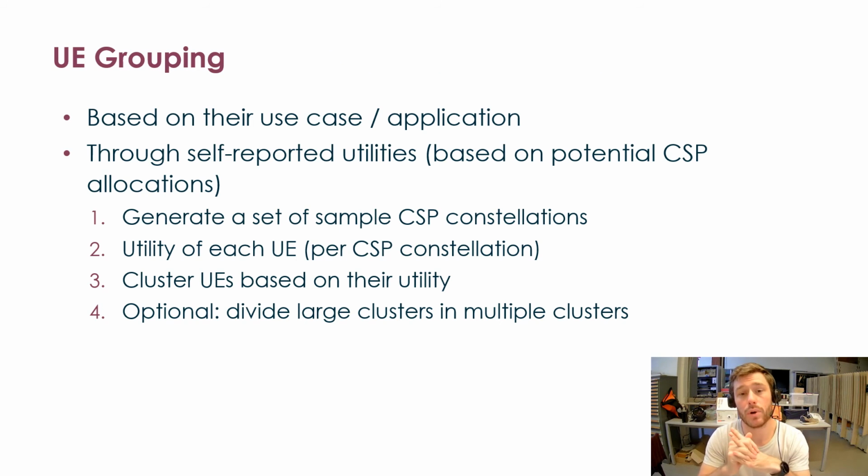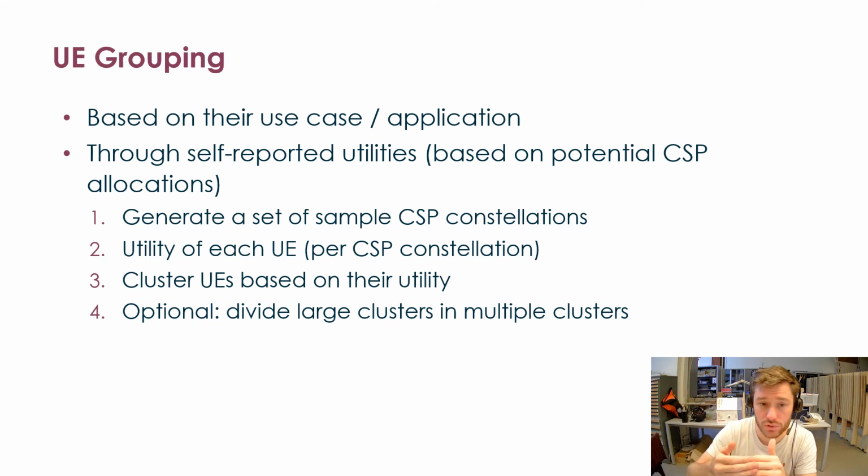Another challenge is grouping these users. Given that we could not exhaustively query this to find the best groups, we opted to apply a heuristic method. First we generate a set of sample CSP constellations. This can be random or already tailored to some of the applications in RadioWeaves.